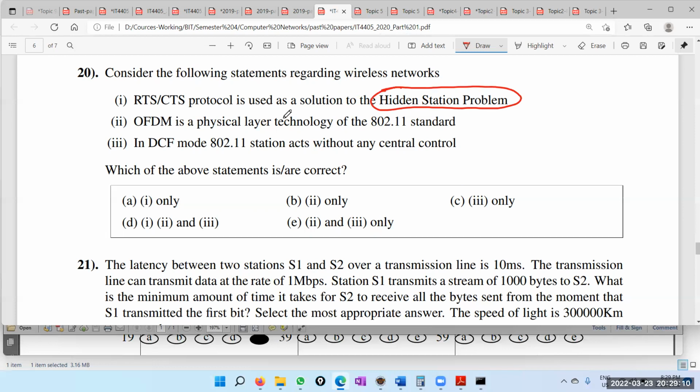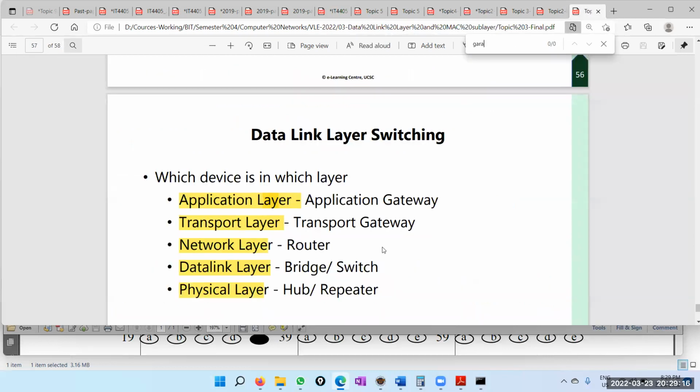One is the hidden station problem. The other one is the exposed station problem. Yes, exposed station. That is unnecessarily exposing you to some other possible collisions.